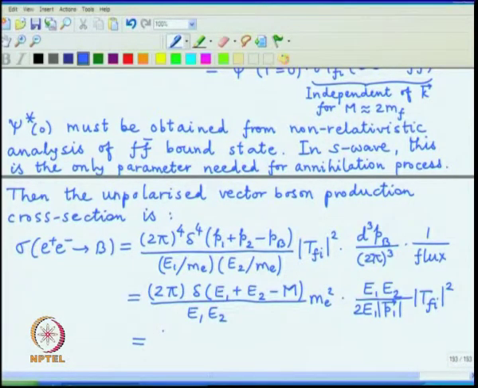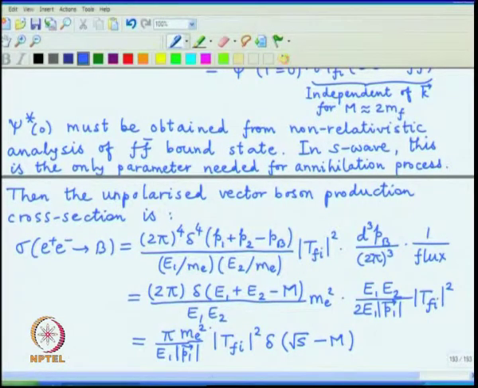So, there is pi divided by E1 P1, then there is m e square, and then the matrix element square, and the delta function can now be written as square root of S, which is the center of mass energy, minus m.